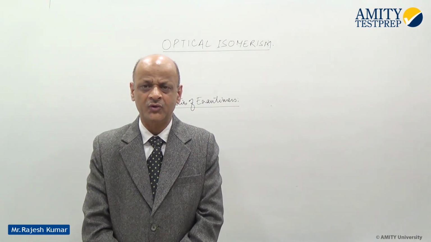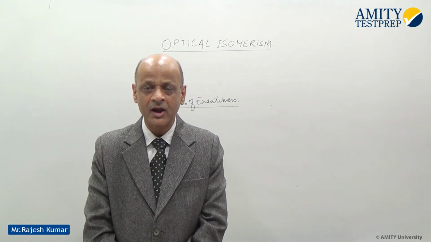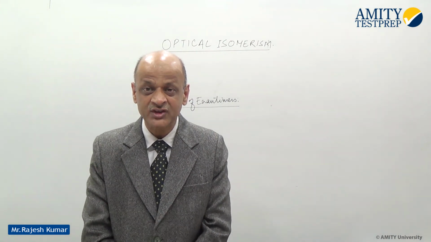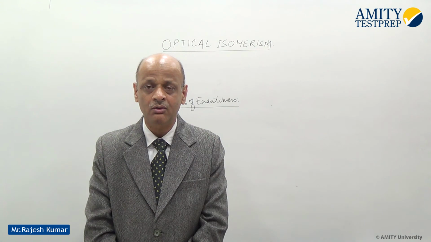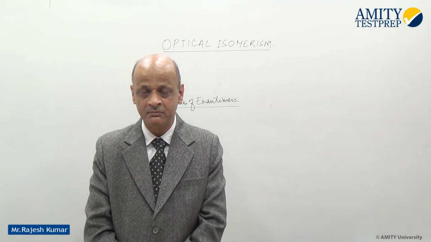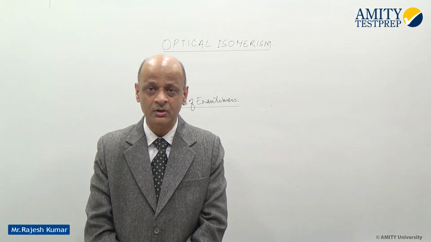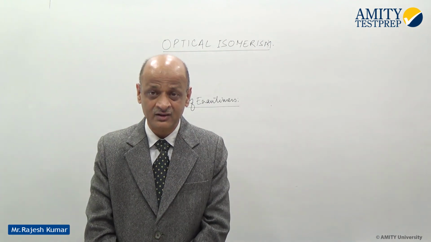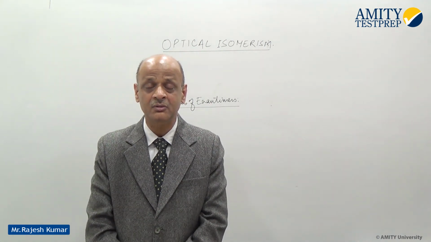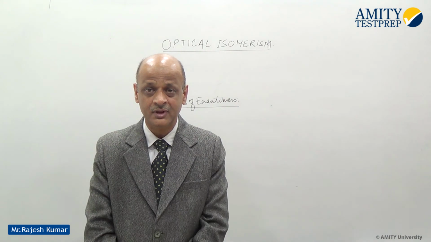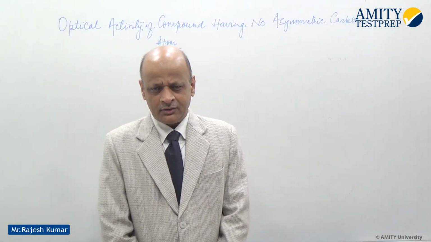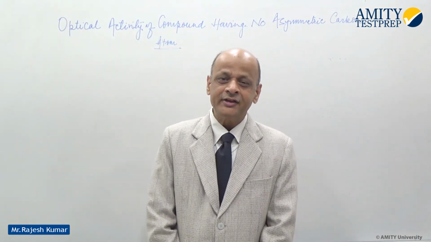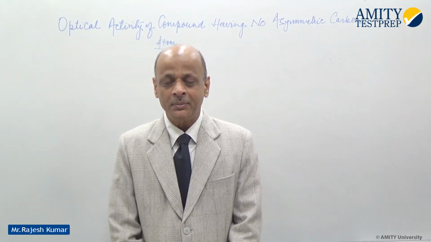In the next part, we will discuss the optical activity of those molecules which have no asymmetric carbon atom, but the whole molecule is dissymmetric, and hence the whole molecule is optically active. Thank you very much. Till now we have studied isomerism, or basically optical isomerism.